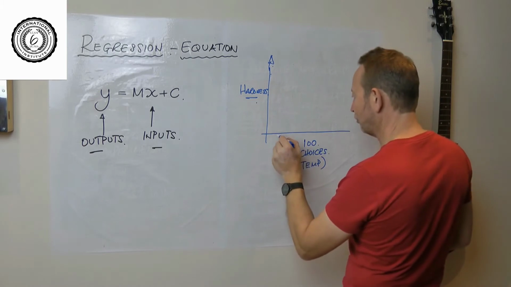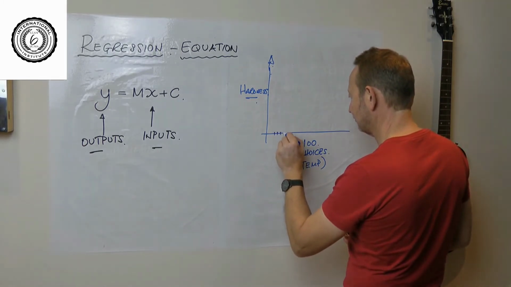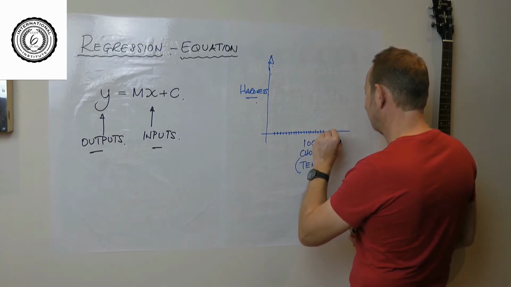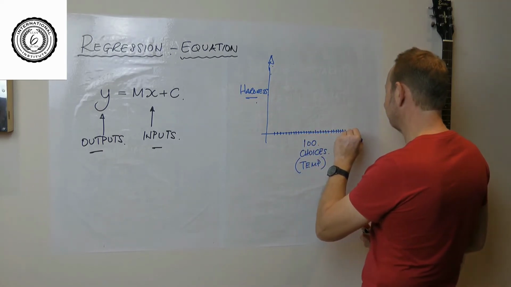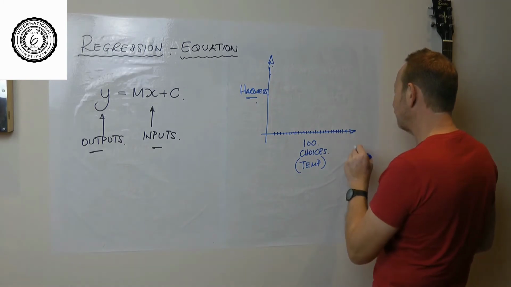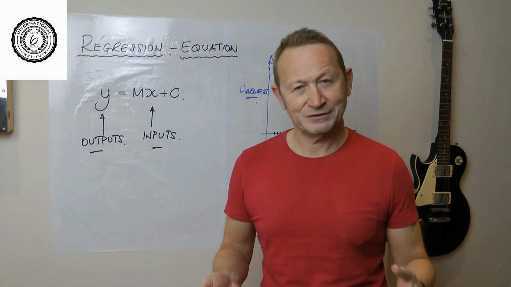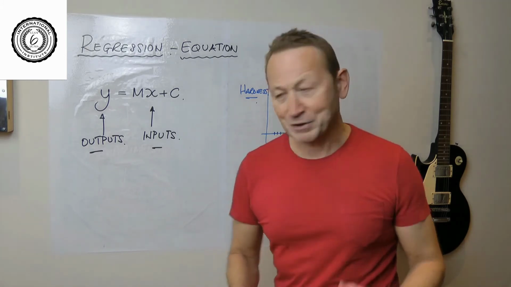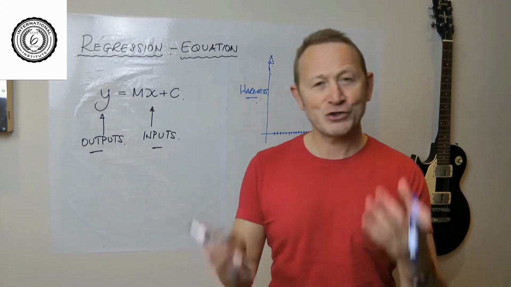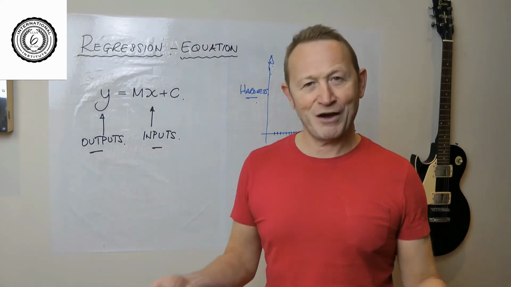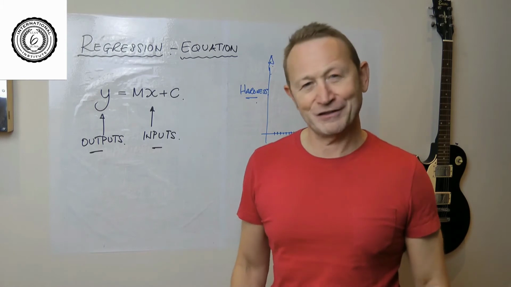Now, of course, what could you do? Well, you could use your experience and skill, and you could literally test or take a view of all 100 choices. Okay, now it's a way, but you'd have to do 100 different tests. That's a very slow way of learning anything, isn't it?